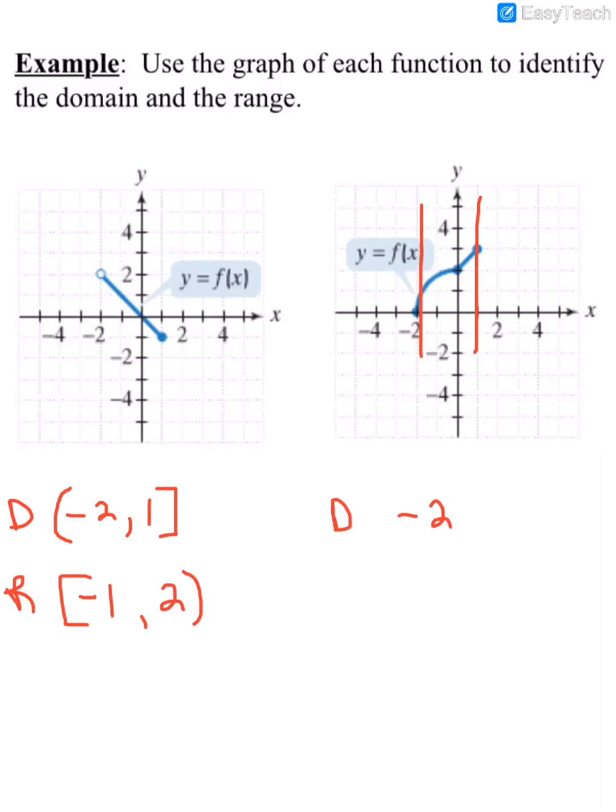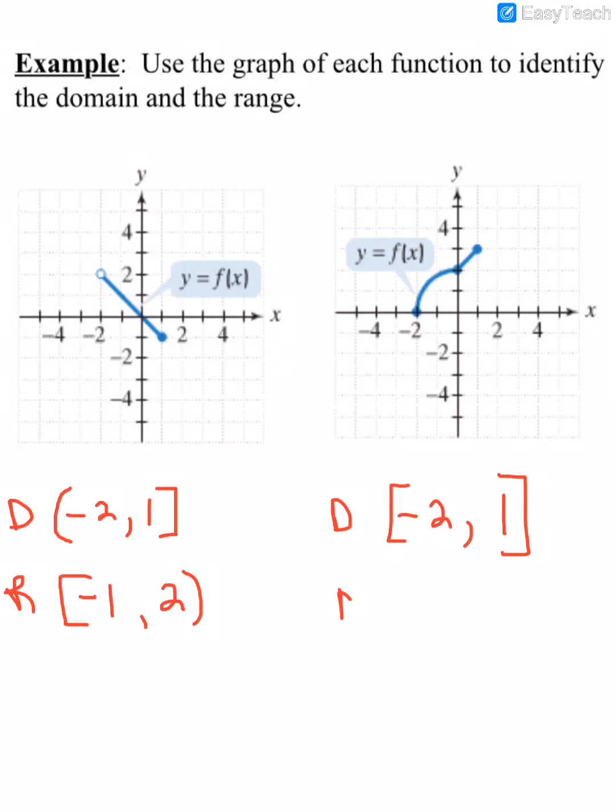How far to the right does it go? It goes to +1. Okay, so now we need to close our interval. Do we use brackets or parentheses? Well, in both of these, we're going to use brackets because we have closed circles in both cases.